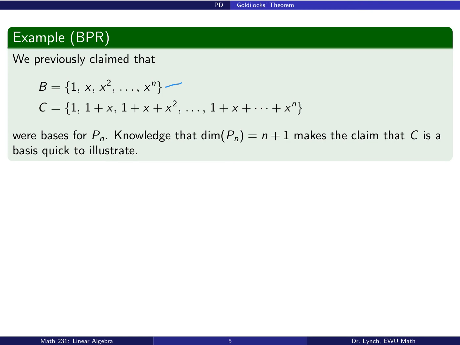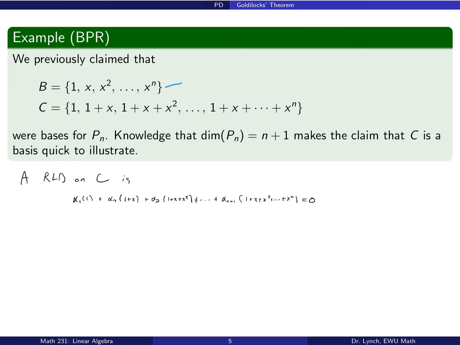So let's go ahead and have a look at a relation of linear dependence on the set C. That relation of linear dependence on the set C has form alpha 1 times 1 plus alpha 2 times 1 plus x plus alpha 3 times 1 plus x squared, and so on and so forth out to the last one equals 0.